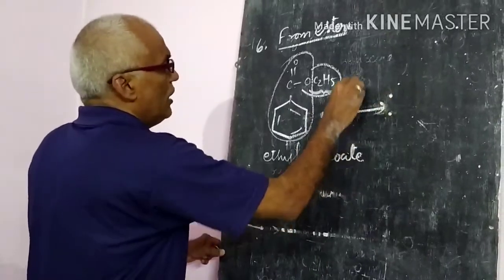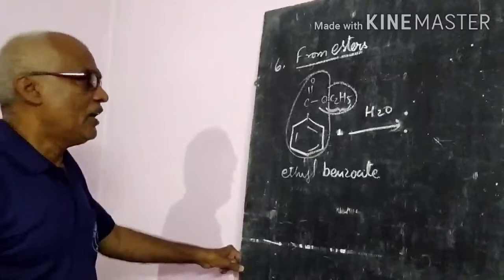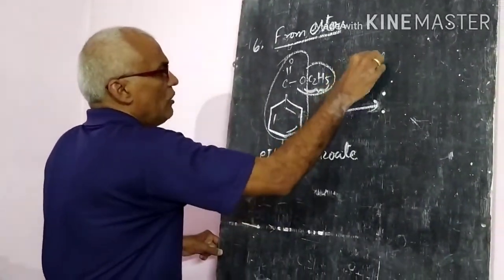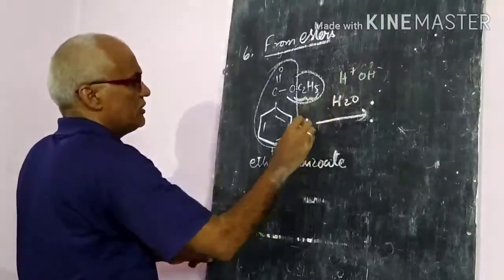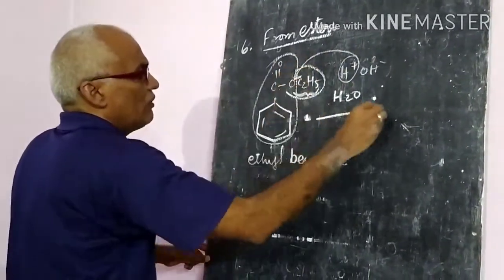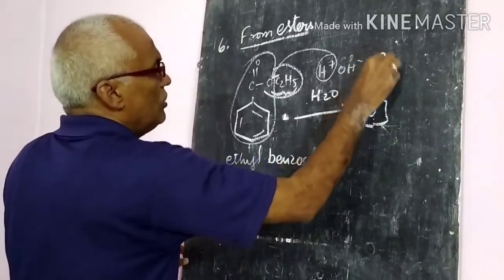If you do the hydrolysis directly, with H plus and OH minus, what will happen? Hydrogen will come and attack this one and form benzoic acid, C double bond O OH.